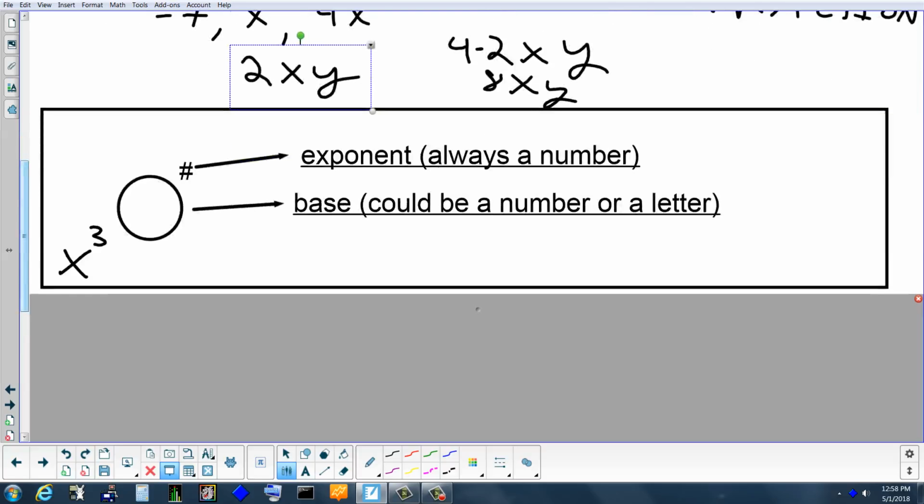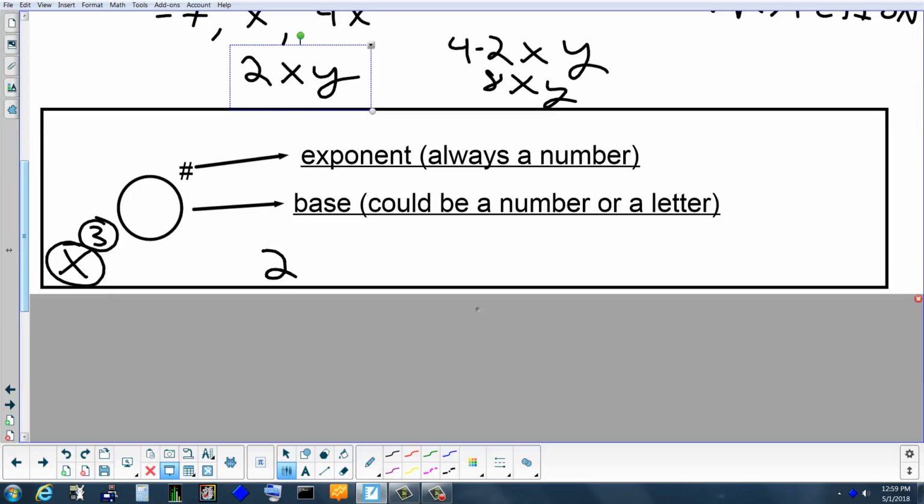what's the exponent for x cubed? What's the exponent in x cubed? The 3. The 3 is the exponent. And what's the base? The x. The exponent will always be a number: 3, 6, 5. The base could be a letter, could be a number.